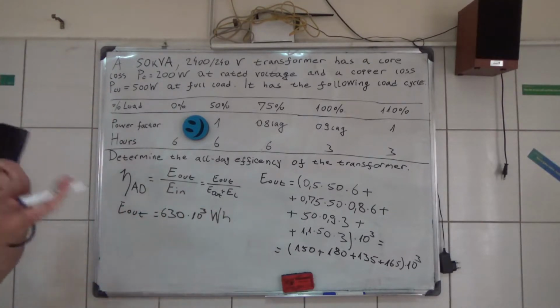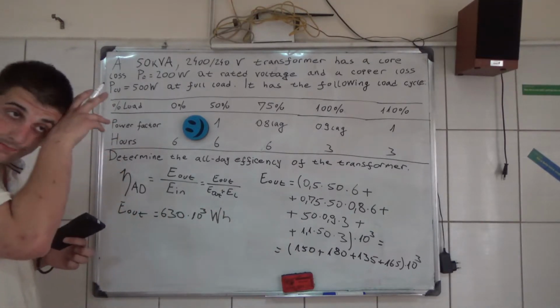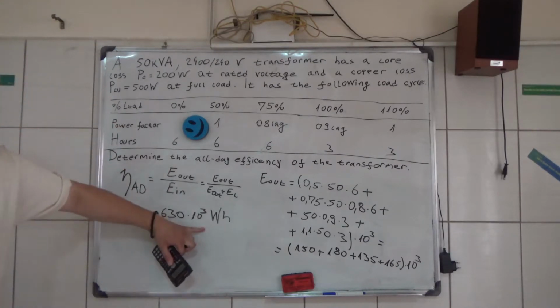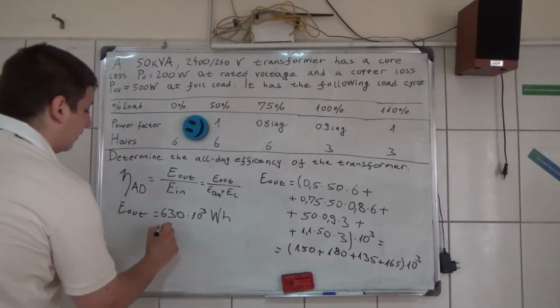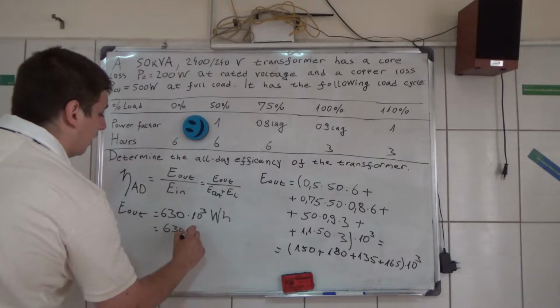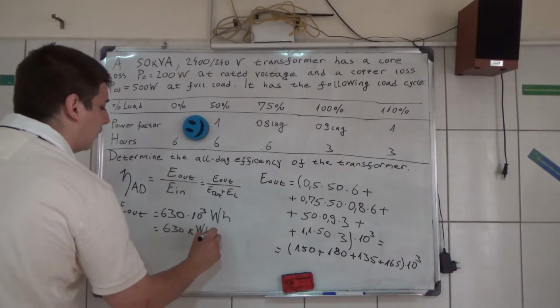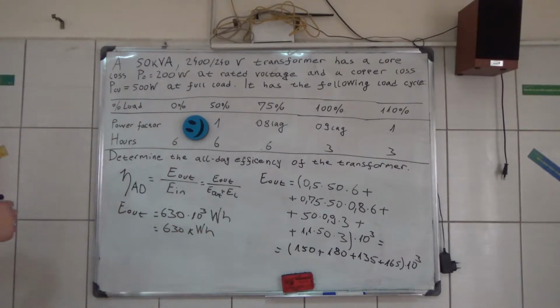So this is the unit that we used. Now 10 to the third is kilo, and we are going to write 630 kilowatt hours. And that is it. Now we calculated the output energy.